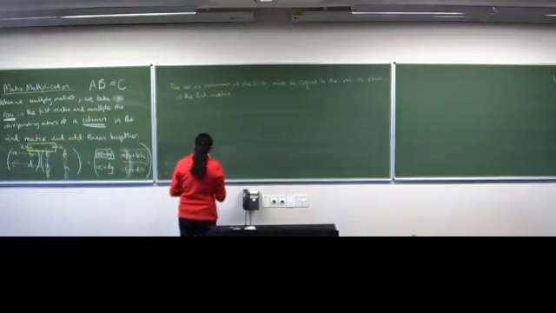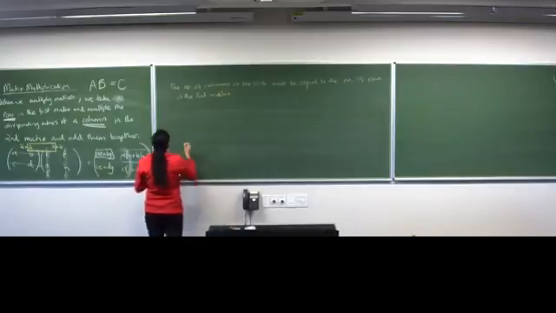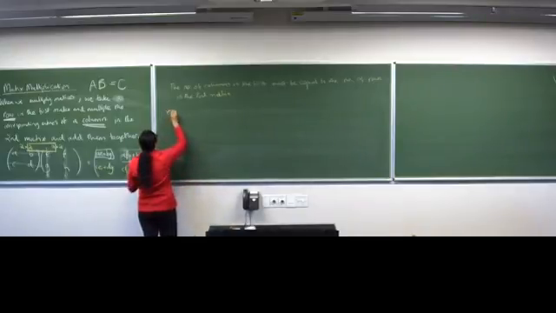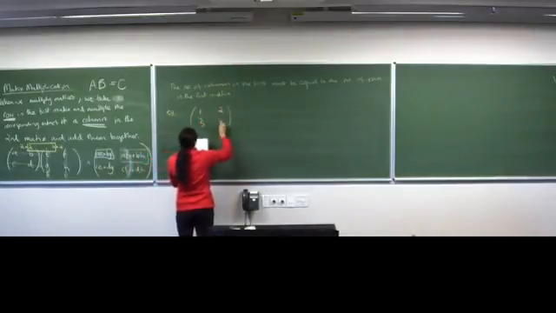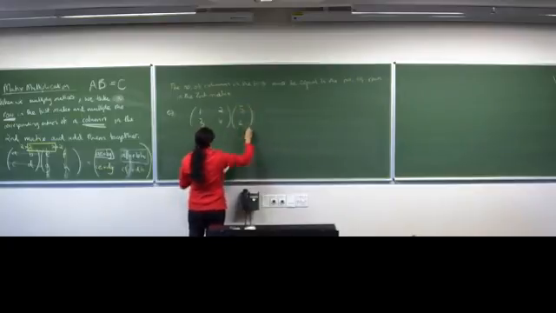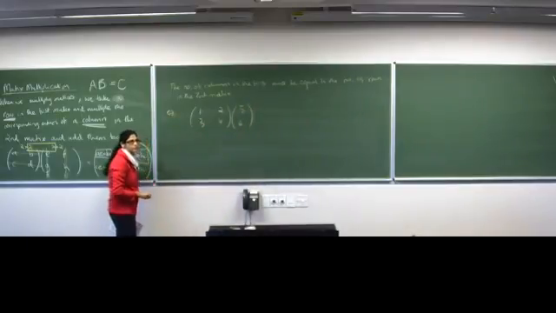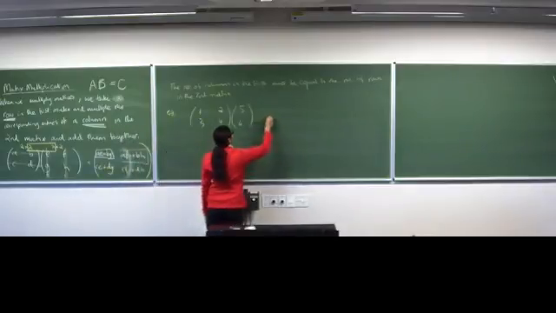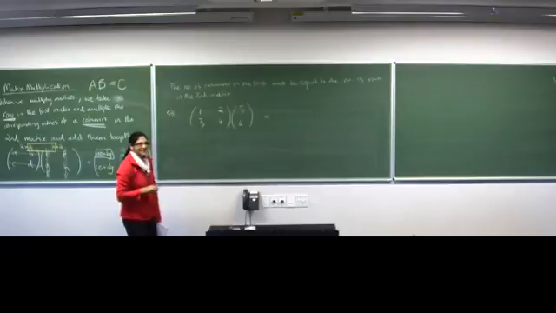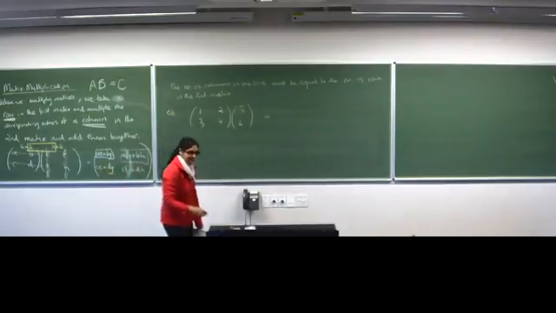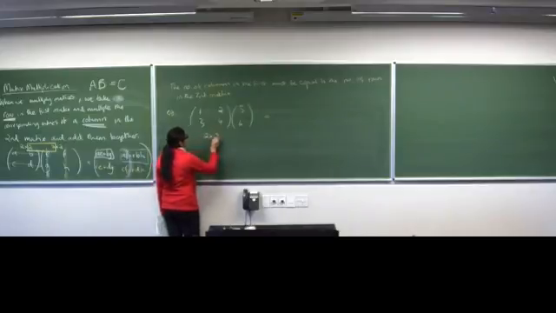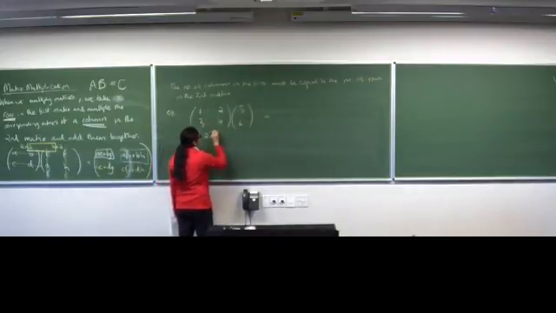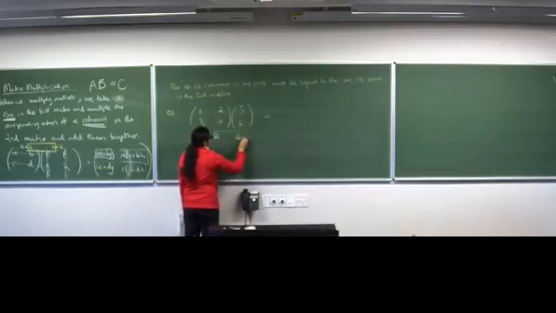So, let's see if we can do the following. If we have 1, 2, 3, 4, 5, and 6, can we do this one? Can we? Yes, we can. Okay, let's look at the size of this. So this has 2 columns, right? And this is a 2 by 1.